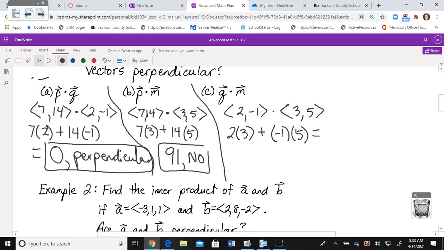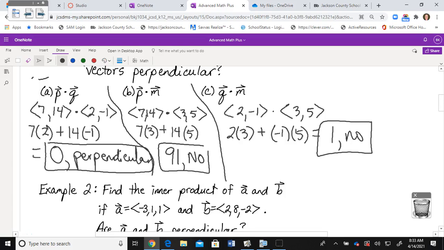What would that equal? 1. Perpendicular or no? No. Not perpendicular. Okay? Pretty simple on the inner product.